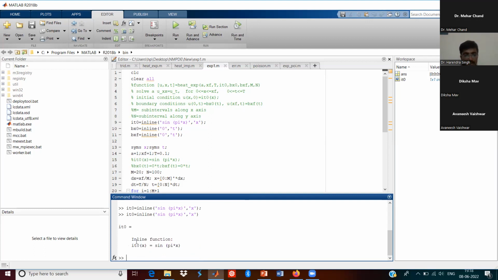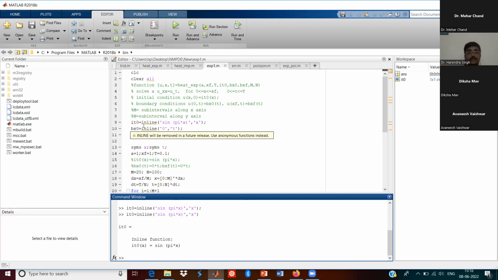Yes, you can see the inline function it0x equal to sin pi x, where the function is written in explicit form, because the initial condition will be different at every place. So you can set the initial condition in explicit form. Otherwise, how will you enter the value of it0x?